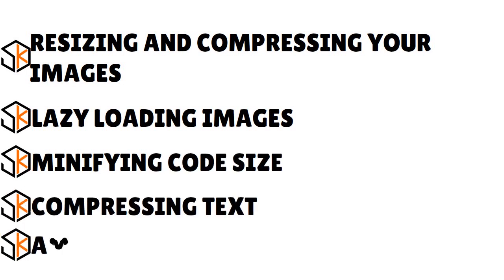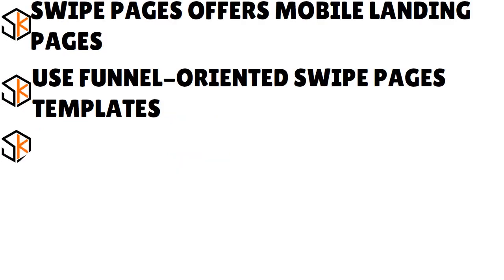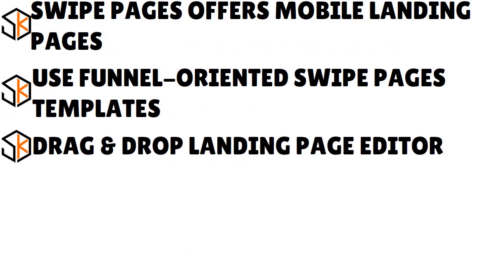You also have AMP pages. AMP stands for Accelerated Mobile Pages, and Google really loves them. When you think about the landing page builder itself, you have a drag and drop landing page editor. That's really cool. You don't have to have a PhD in programming to use Swipe Pages. You have pop-ups.